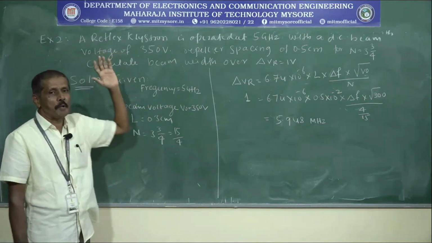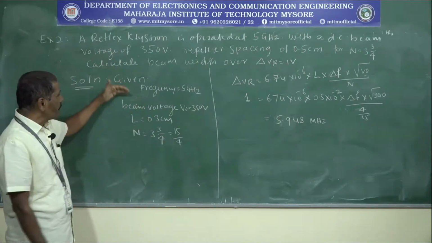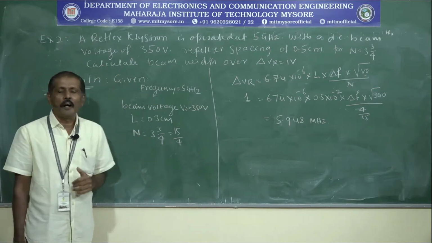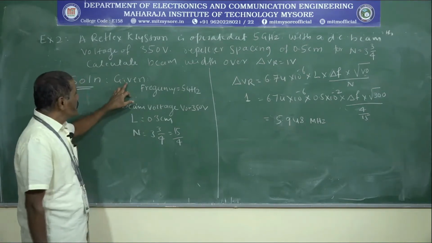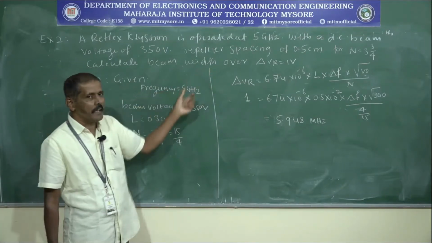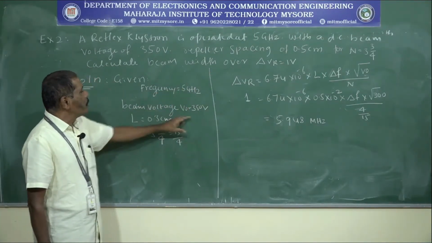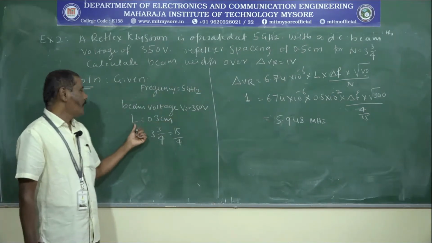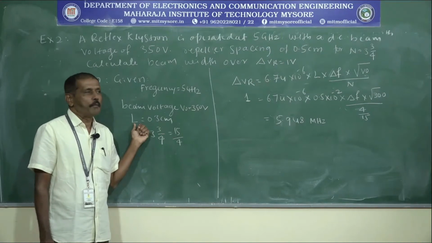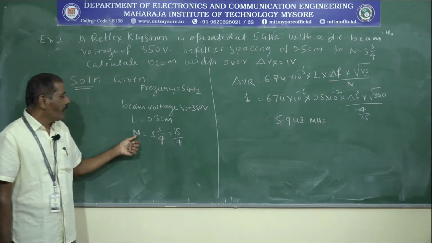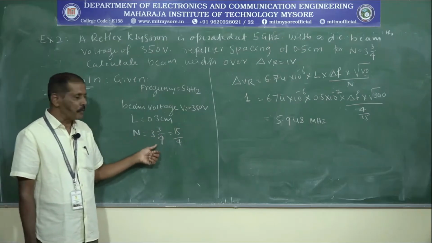Now from the given problem, you are supposed to first write down the given values, and then the unknown value you have to calculate. From the problem, the given parameters are: frequency is 5 gigahertz, beam voltage is 350 volts, the repeller spacing is 0.3 centimeters, and the mode is 3/4.